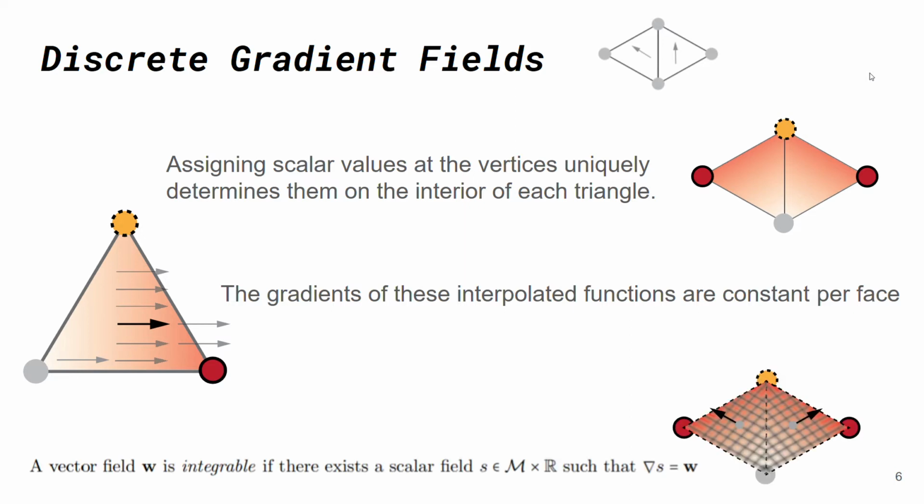And this vector field is integrable, sort of by definition, because we'll take the definition of integrability of a vector field to mean that there exists some scalar field, which when you take the gradient of that field, you get your vector field back. And not all vector fields are integrable.